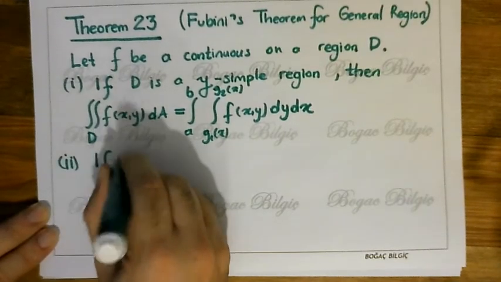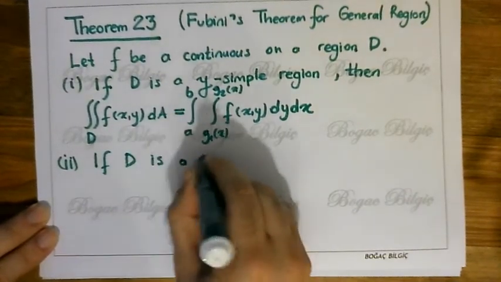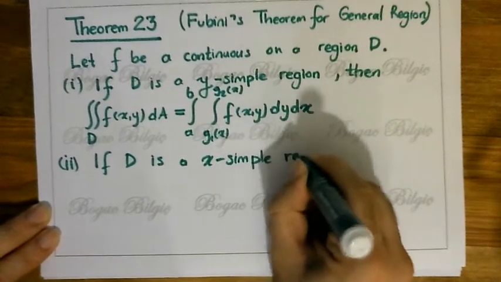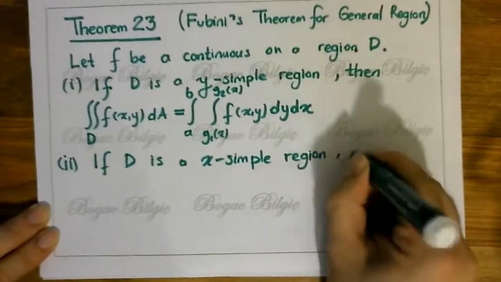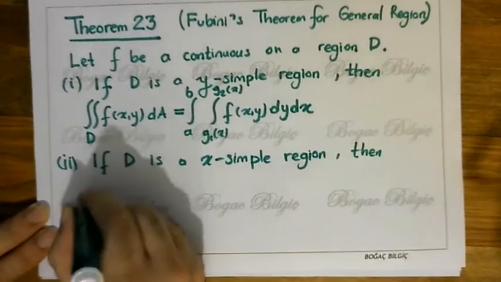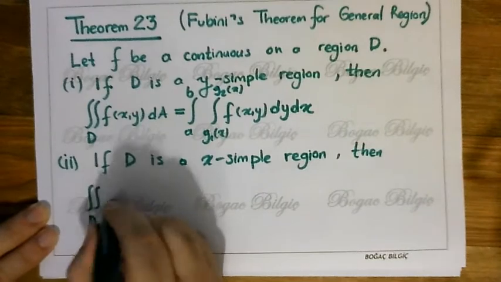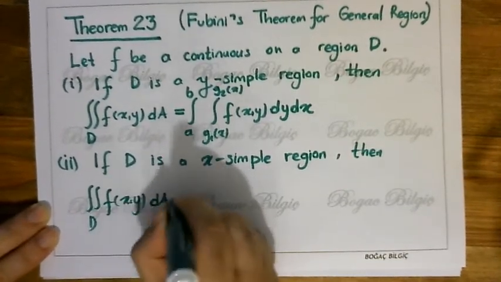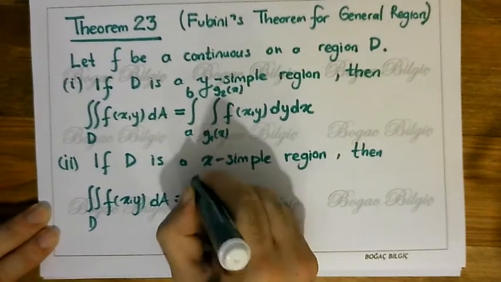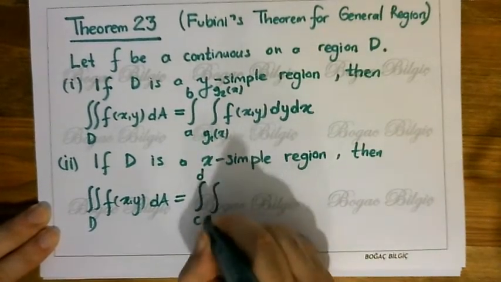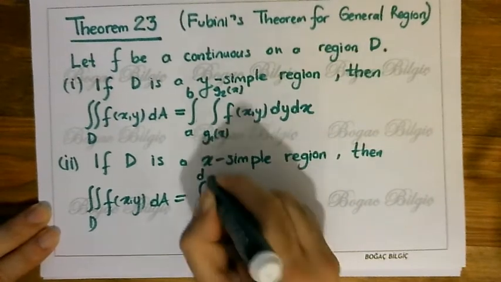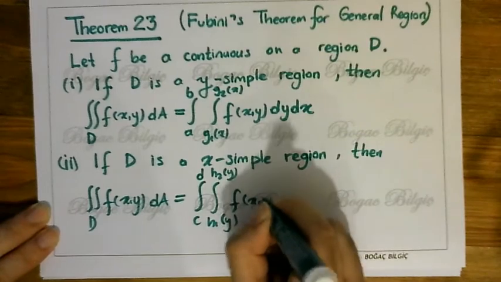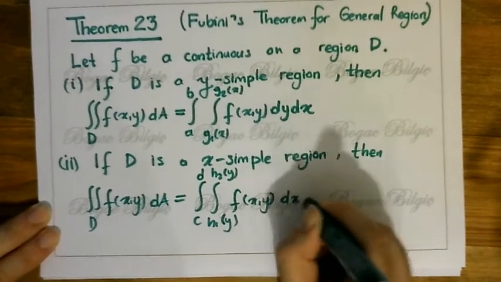If D is an x simple region, then the double integral over D of f(x, y) dA is equal to the integral from c to d, from h1(y) to h2(y), of f(x, y) dx dy.